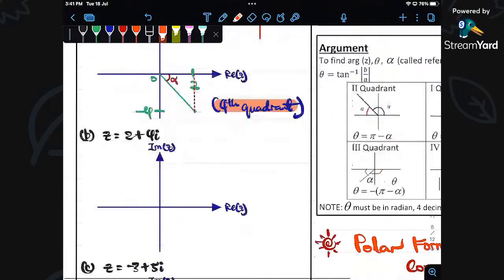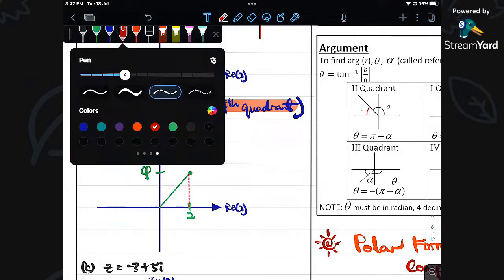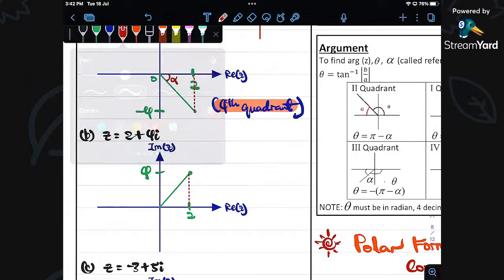So now, next one is number 2. Number 2 is here and number 4 is there. Just put a dot there and put a line there. And then you know what to do already, which is just put a dotted line there. And then you put an alpha for symbolizing that we need to find the angle.